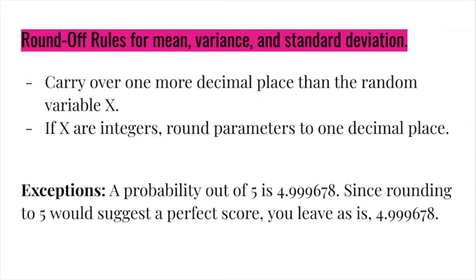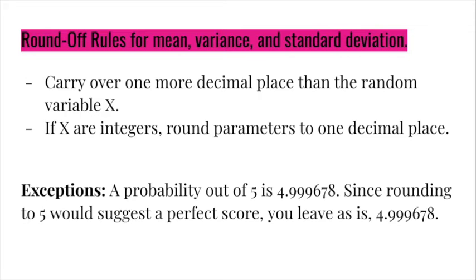The way to know where to place your decimal when you are working with probability distributions is using the round-off rules. You're going to want to pay attention to the decimal place that the random variable is in, and carry over one more decimal place. So if the variable x is rounded to 2 decimal places, then you're going to carry yours over to the 3rd decimal place.